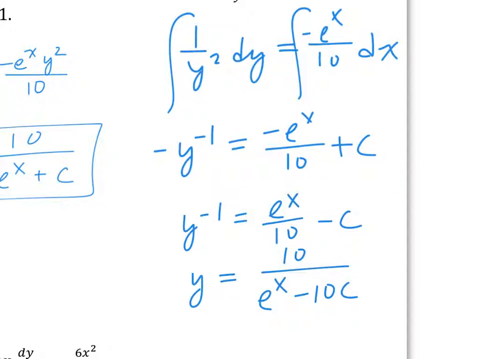Anyways, just try to be consistent with how you find C. As long as you can find the constant, whatever that number is, you don't have to put a 10 in front of it. You can just call this whole thing Z or something, and then find Z. It doesn't have to be minus 10C, doesn't have to be 10C. It could just be a number. You just have to find that number. Pretty interesting.